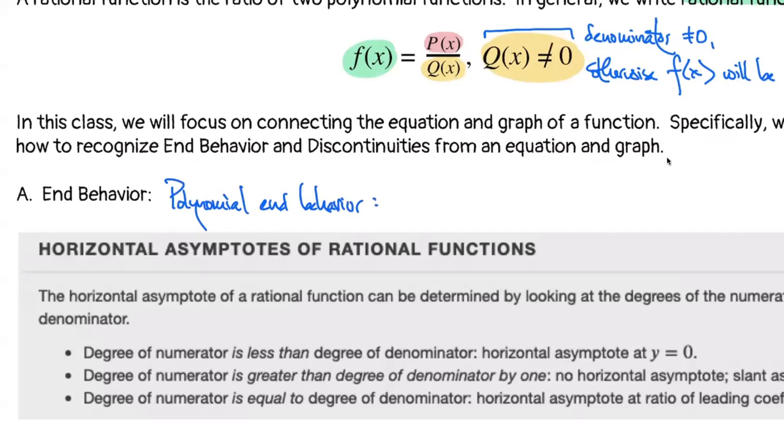You had up, up; down, down; down, up; and then up, down. Perfect. For polynomials, we had 4 choices. Either both ends were going to go up, both ends were going to go down, one was going to go up and the other down, or the other way around. Those were our 4 choices.